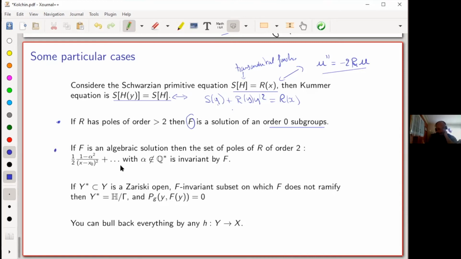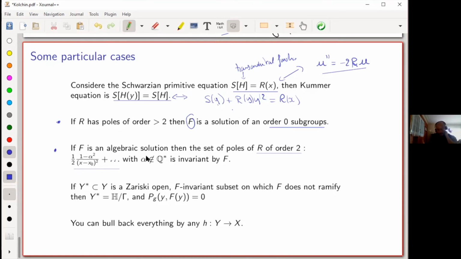Okay, now there is another thing you can say. If you look at poles of order 2 of R and you write them like this, plus some other point, this is a special shape we like for this kind of equation.